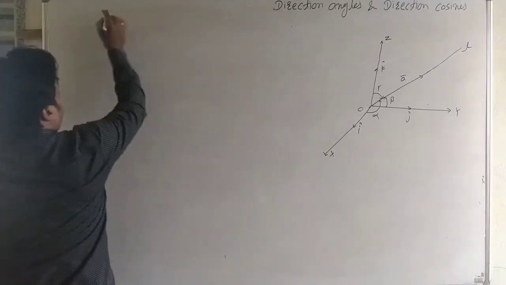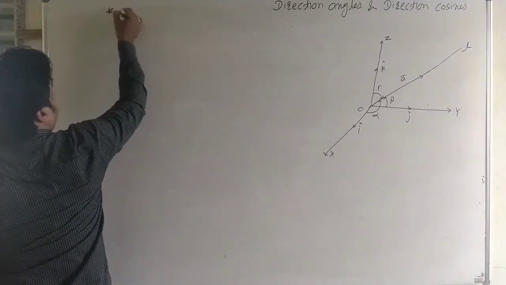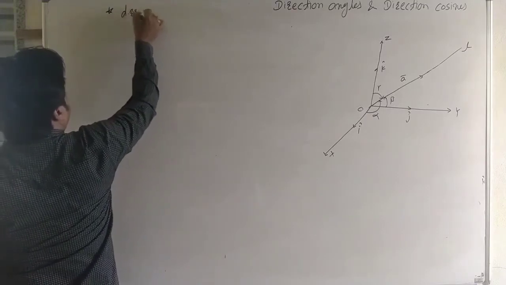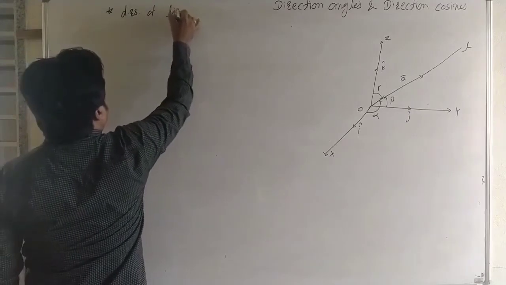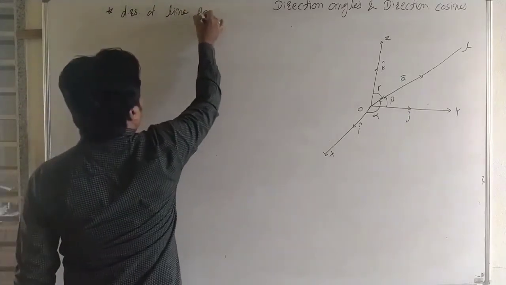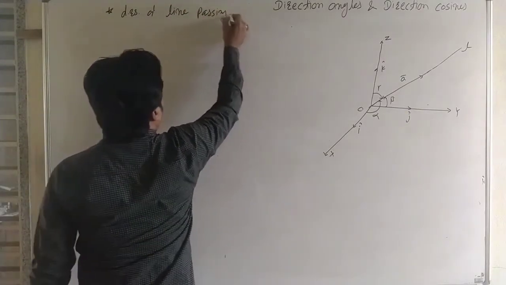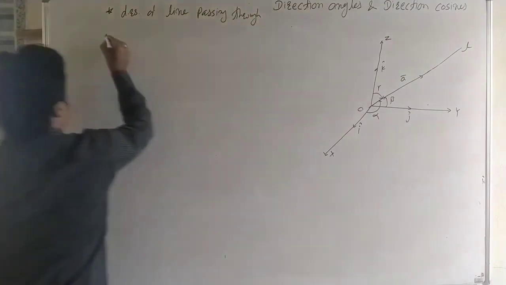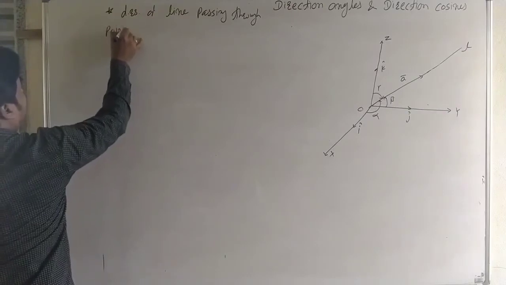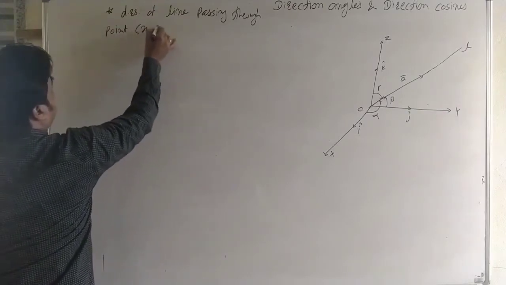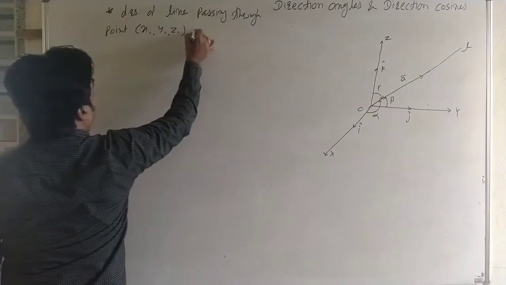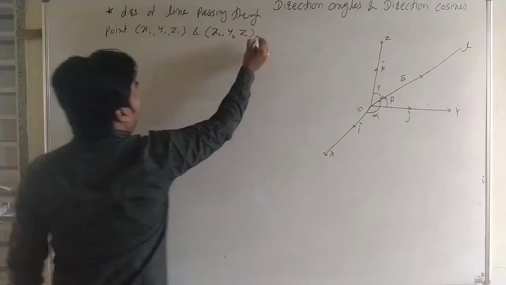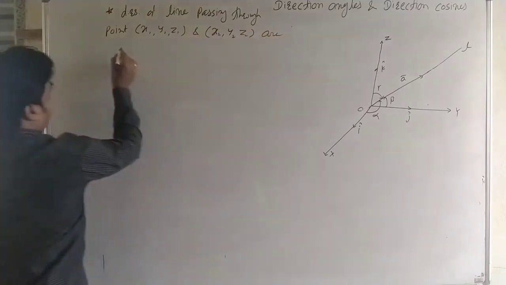Now, the direction ratios of a line passing through points x1, y1, z1 and x2, y2, z2 are the direction ratios.